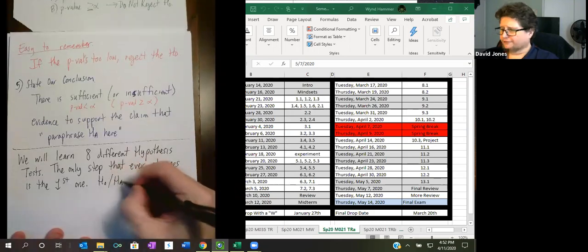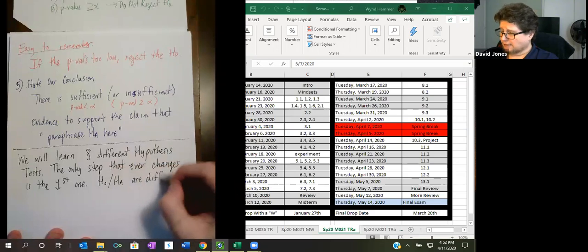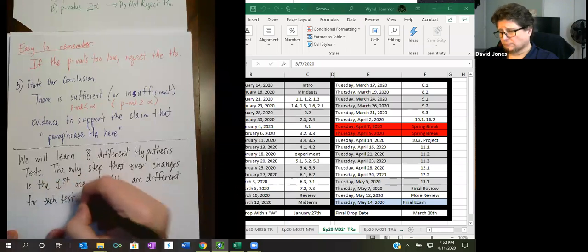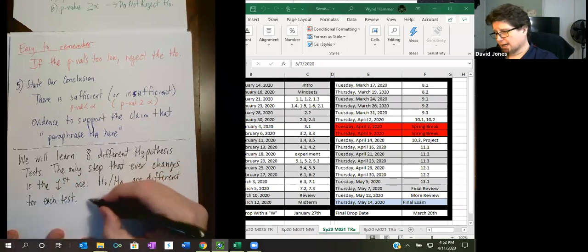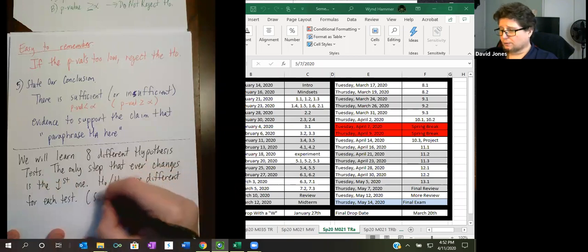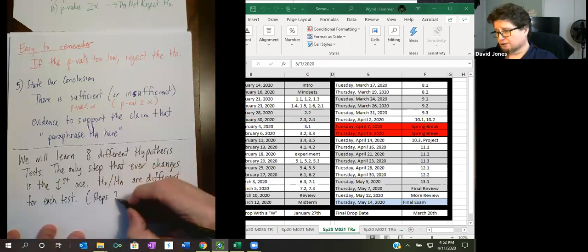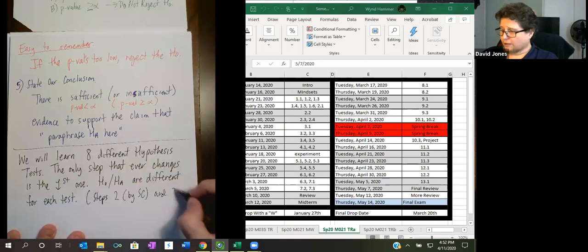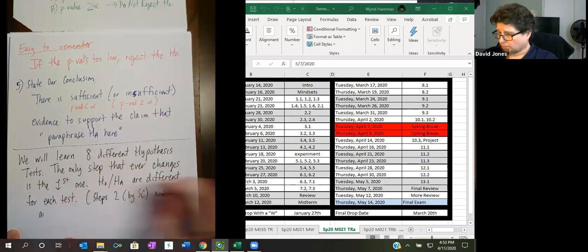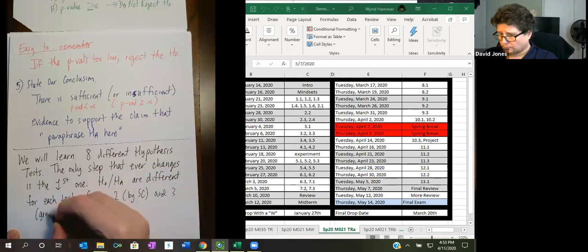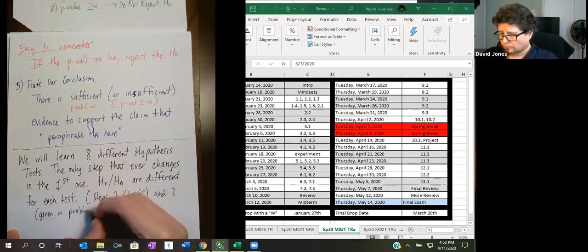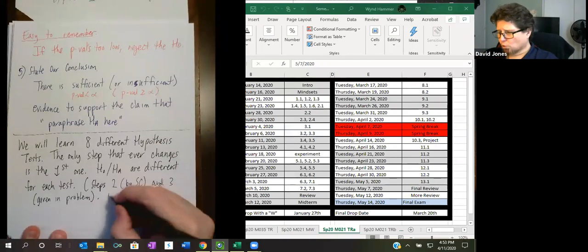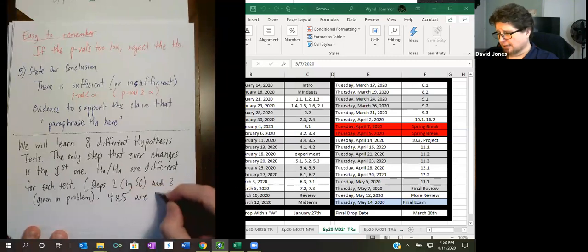H0 and HA are different for each test. Steps 2 by StatCrunch and 3 are given in the problem. Four and 5 are decision making and statements.